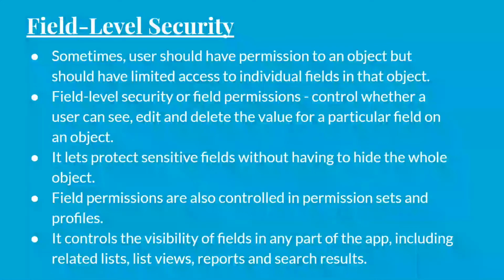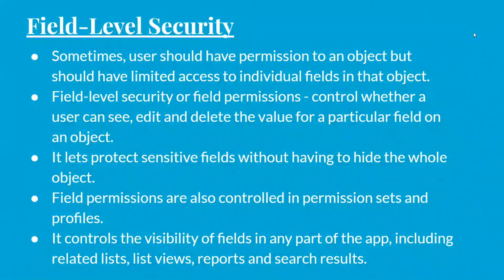You don't want it to be accessed by any employee in your organization. It should be accessed by only the authorized user. Then you can simply hide that particular field, or remove the access of that particular field from that particular user.